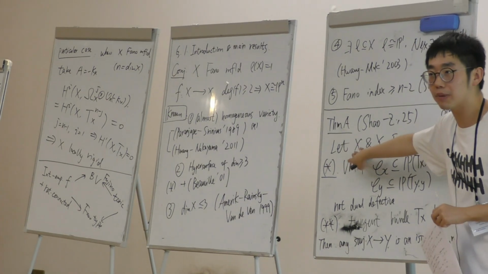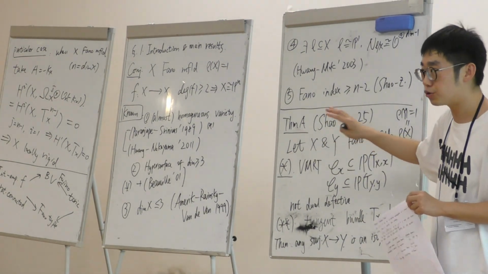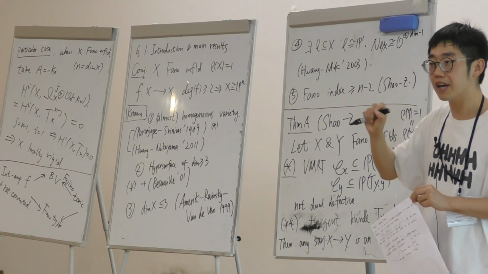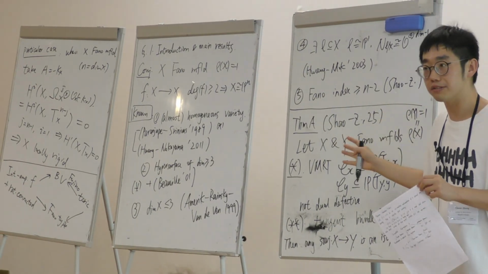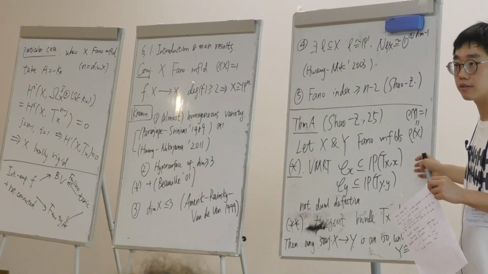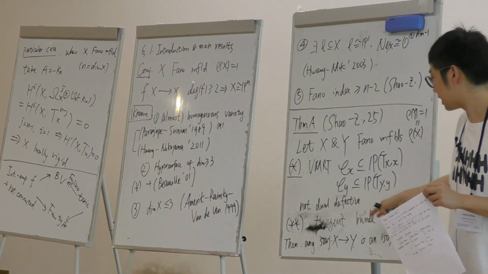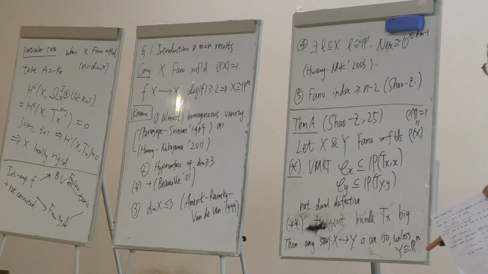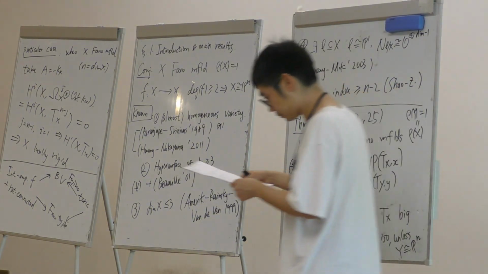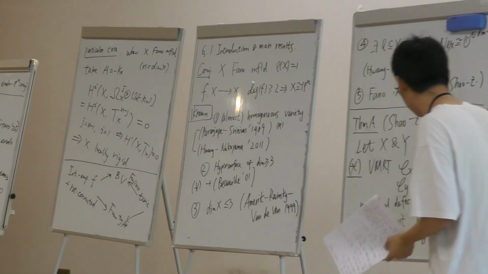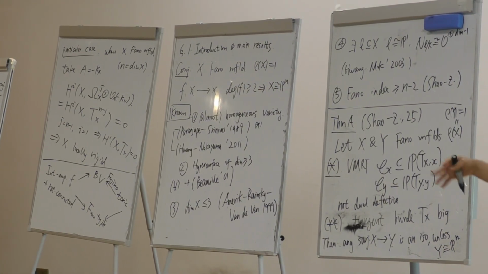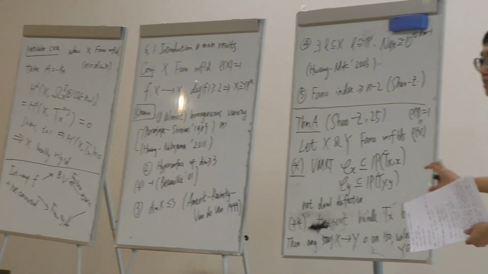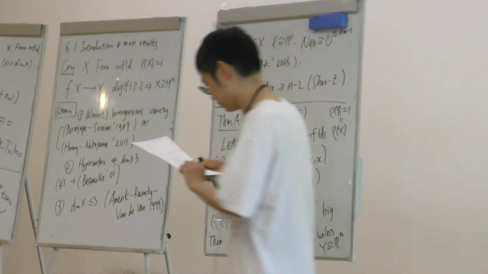You have two Fano manifolds, X and Y, and assume that for general points the VMRT is not dual defective. Further, if the source has big tangent bundle, then it has to be an isomorphism. I'm sorry, these two assumptions are not very easy to explain, but I will try to explain this clearly later.